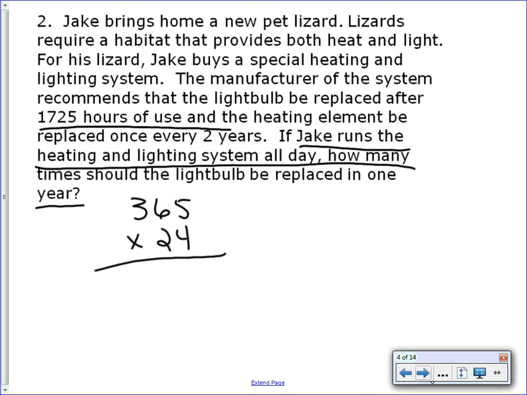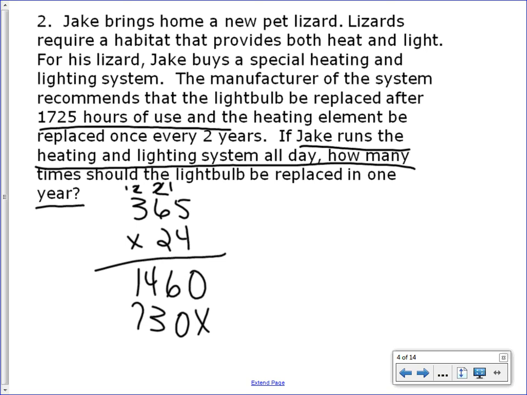There's 365 days in a year, 24 hours in a day. So when I multiply these two together, I end up with 8,760.